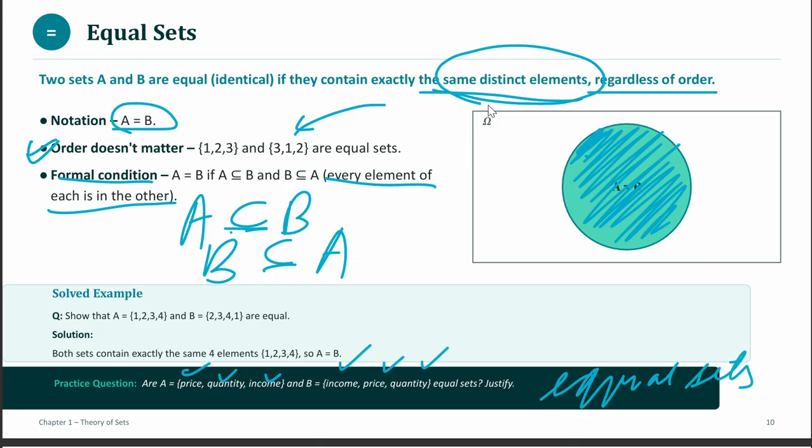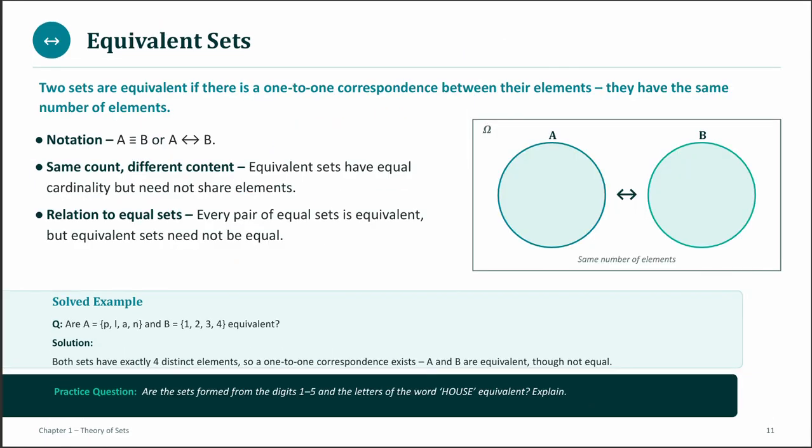So here basically it should have the same distinct elements. Order does not matter. Now let us talk about equivalent sets. Two sets are equivalent if there is a one-to-one correspondence between their elements. They have the same number of elements. So the elements being the same is not necessary, but what is necessary is that the number of elements should be the same, right? They are denoted by A is equivalent to B, and you can always denote it by these two signs.